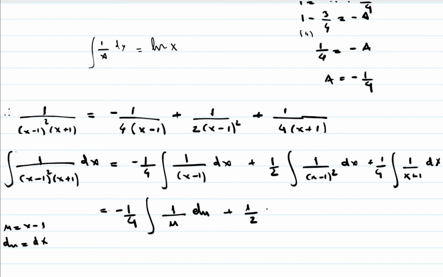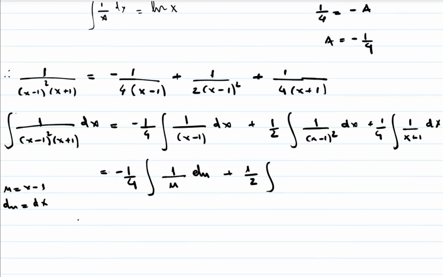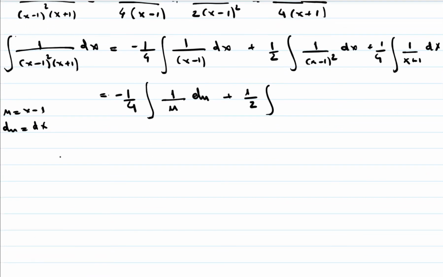So what you're going to do is, let us consider L is equal to x minus 1. So it means that dl is equal to dx. So this is going to become 1 divided by L square dl plus here 1 divided by 4, and then this one again is like this one, but we cannot use u because we already used u here, so we're going to call it w.